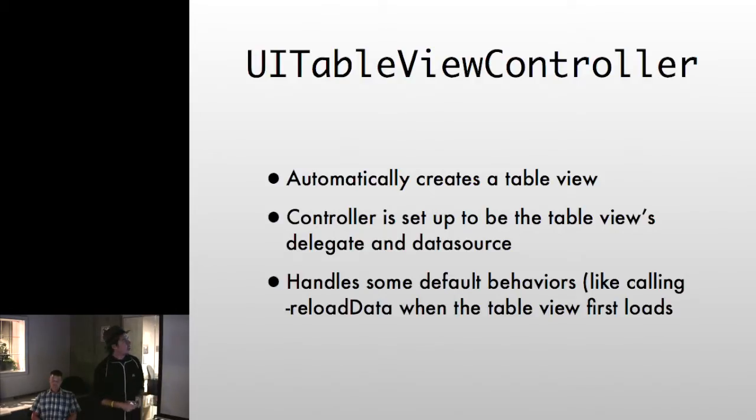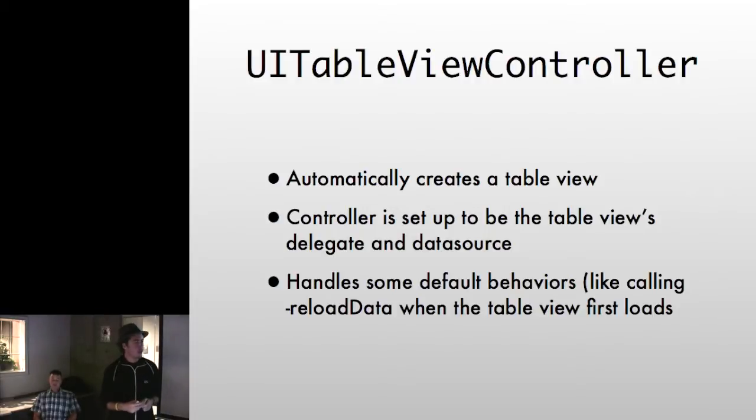Okay, so there is a view controller class called UITableViewController, which, as you hopefully can guess from now, is a controller that controls a table view. It automatically makes a table view on launch, so you don't have to worry about setting up the actual UITableView instance. It creates it for you. And by default, a UITableViewController is already a data source and delegate for a UITableView.